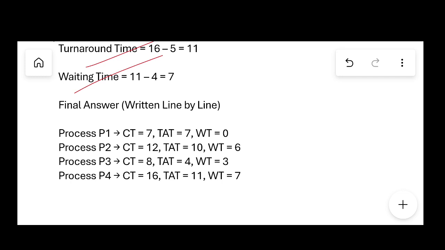It is very difficult to predict the exact burst time of a process in advance. Sometimes longer processes may starve if short jobs keep coming. So SJF is a very efficient algorithm, but it is not always practical in real systems.